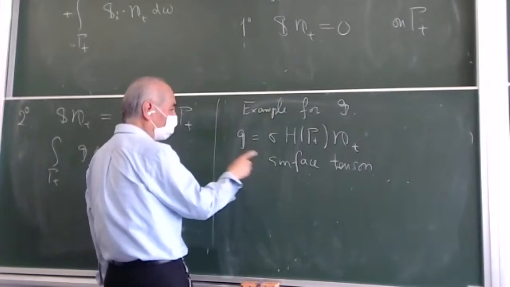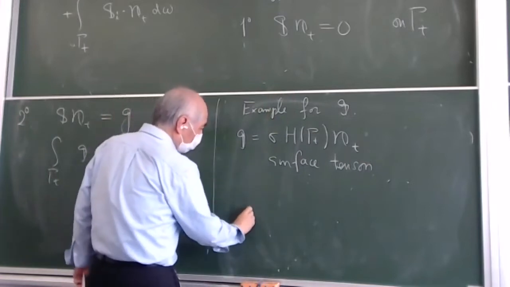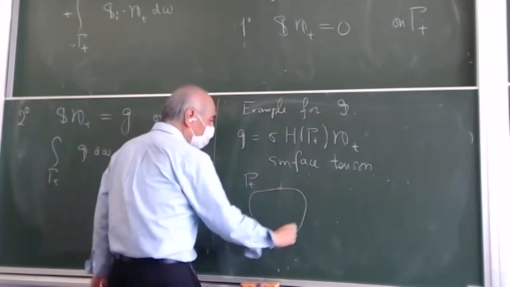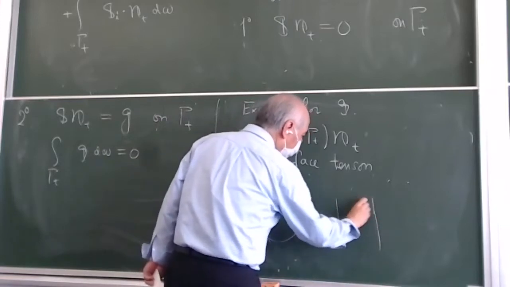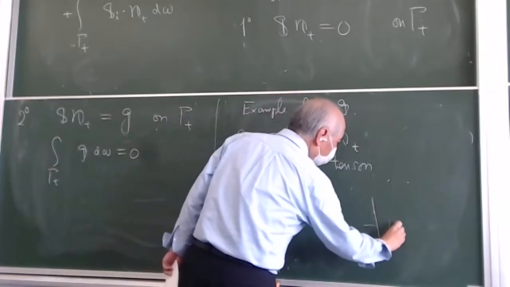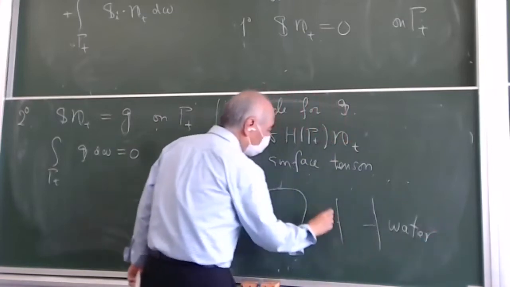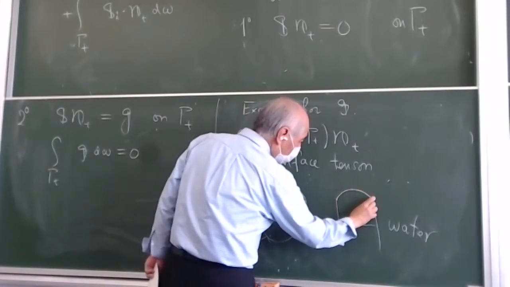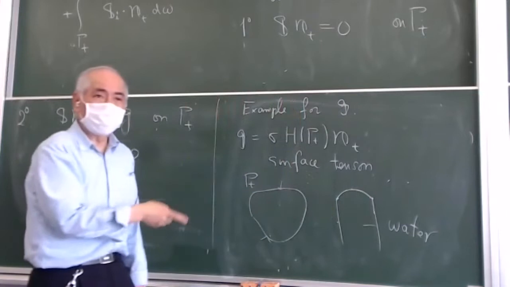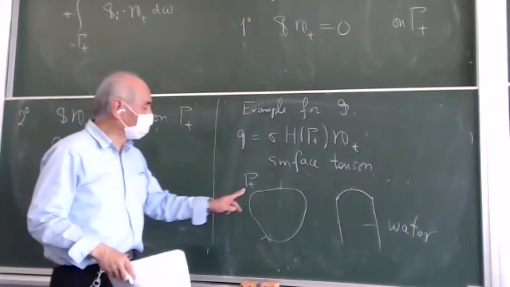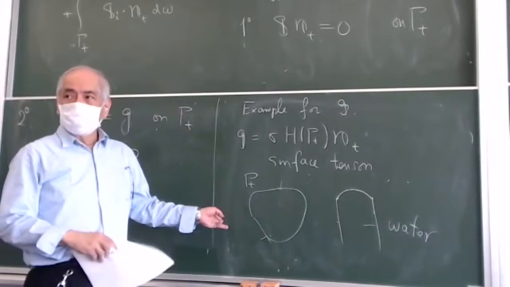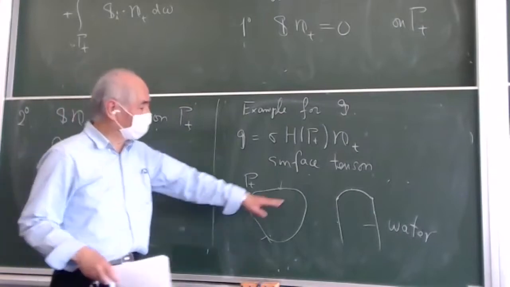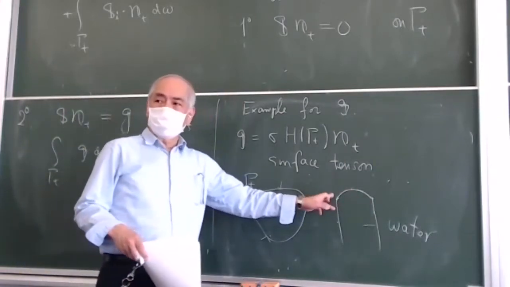Another word is the capillary forces on the boundary. So on the boundary gamma t, we consider some capillary force. Say it's water here. Then a capillary effect gives you this kind of figure of water on the top. So capillary forces are very natural forces for the fluid. Surface tension gives you this kind of figure of the boundary of omega.